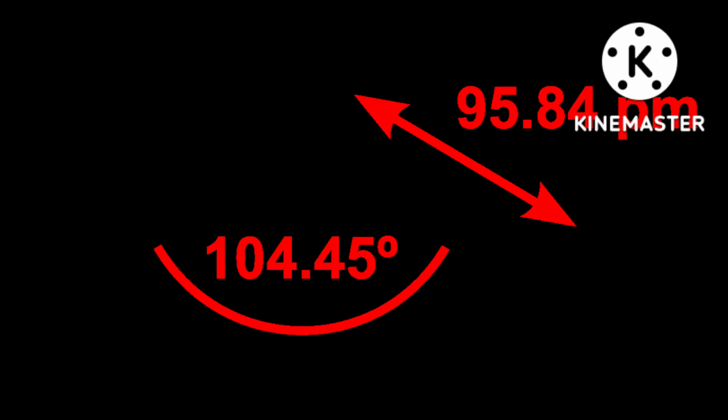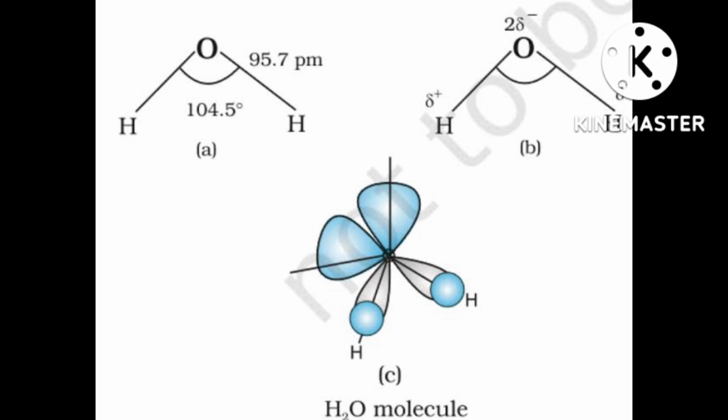The shape of the second is described as a distorted tetrahedral, or you can say a folded square, or a seesaw structure.